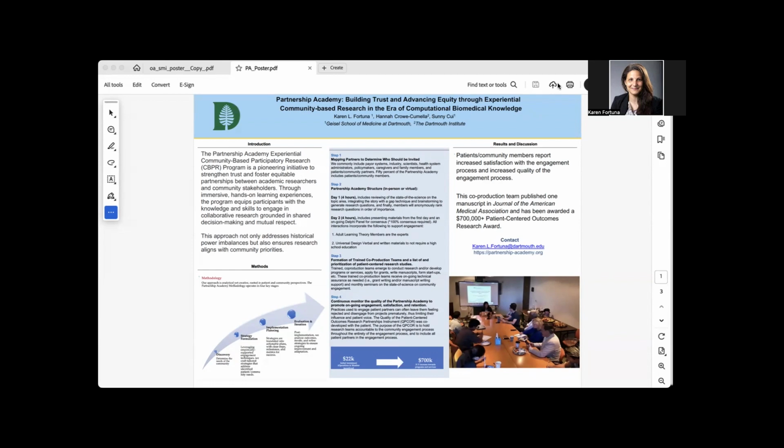which is an experiential community-based participatory research experience in which we partner with patients, community members, policymakers, and industry to come together to develop different programs of research. Now, why is this important?